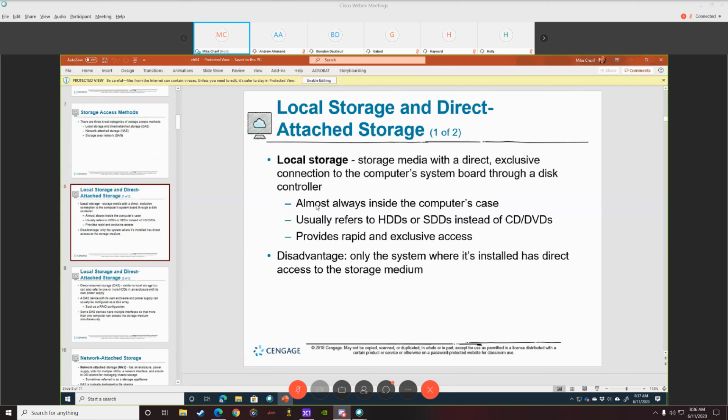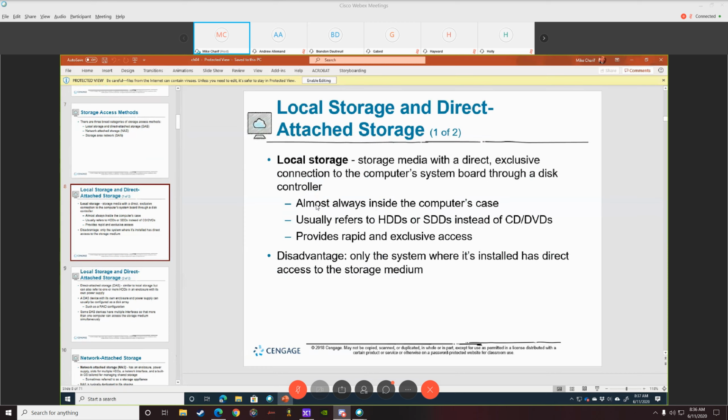Okay, so I'll talk about local storage, which is storage media with a direct exclusive connection to the computer system board through a disk controller. That's basically when you open your machine, you can see a small cable attached to your disk, with one end connected to the disk and the other end connected to the motherboard.